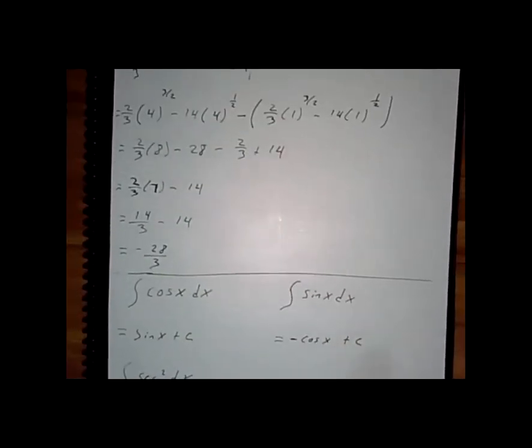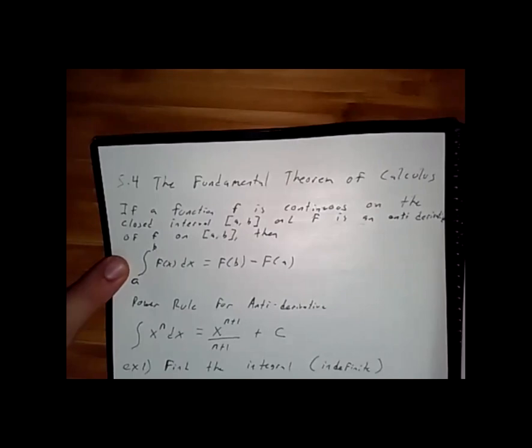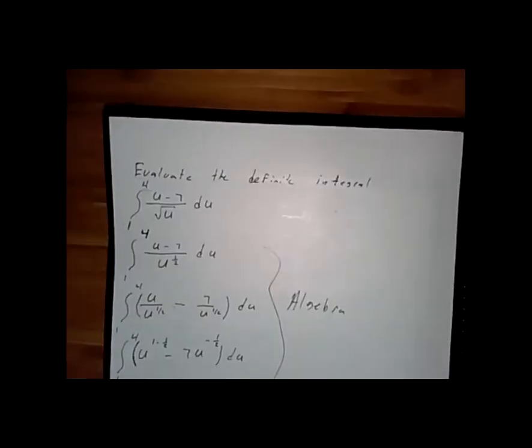How we're doing the b minus the a? Do you see how we're just doing power rule over and over again, right? In the beginning here, this is what we're using the entire time. All right. Much easier. Any questions on 5.4?